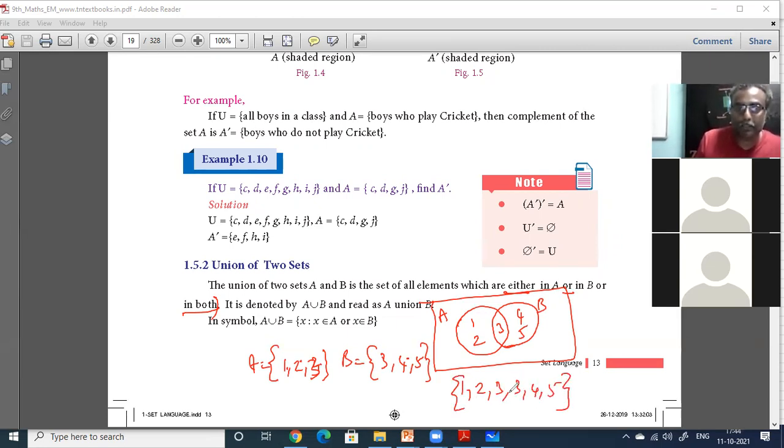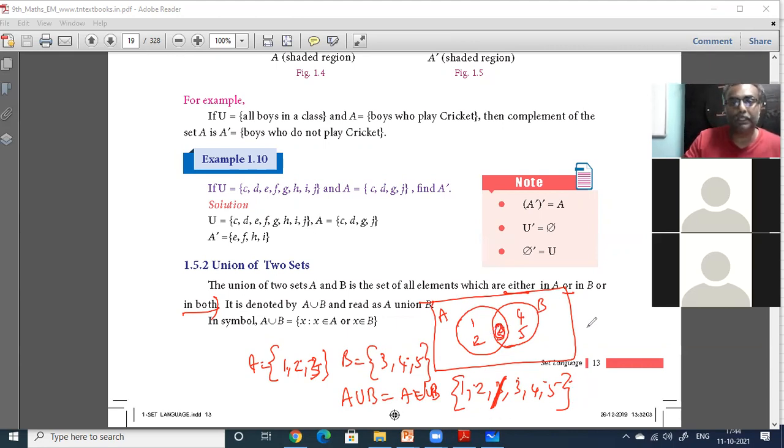What should not repeat? Element should not repeat at all. So 1, 2, 3, 4, 5. This is A union B. In any set, A union B is equal to the elements that are either in A or in B or in both. So this element 3 is in both. You include that also, but only once you have to include it.